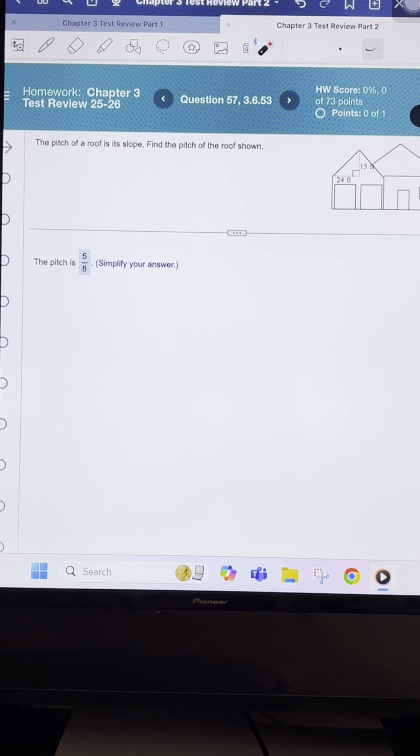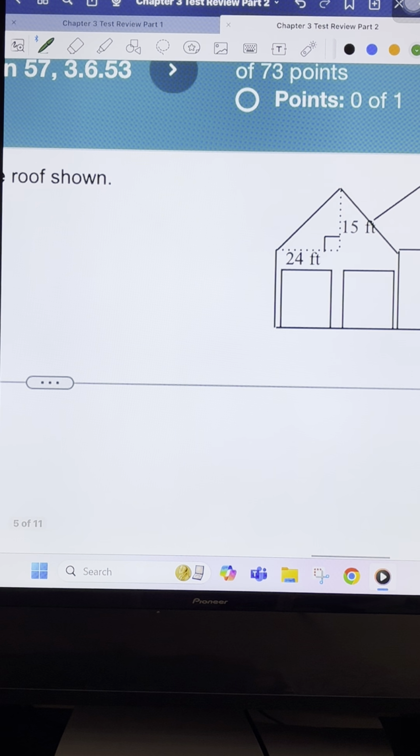Okay, the pitch of a roof is its slope. So they're pretty much just asking me what is the slope of this right here. So how much do I need to travel to go from here to here? Well, I needed to travel how much? 15.